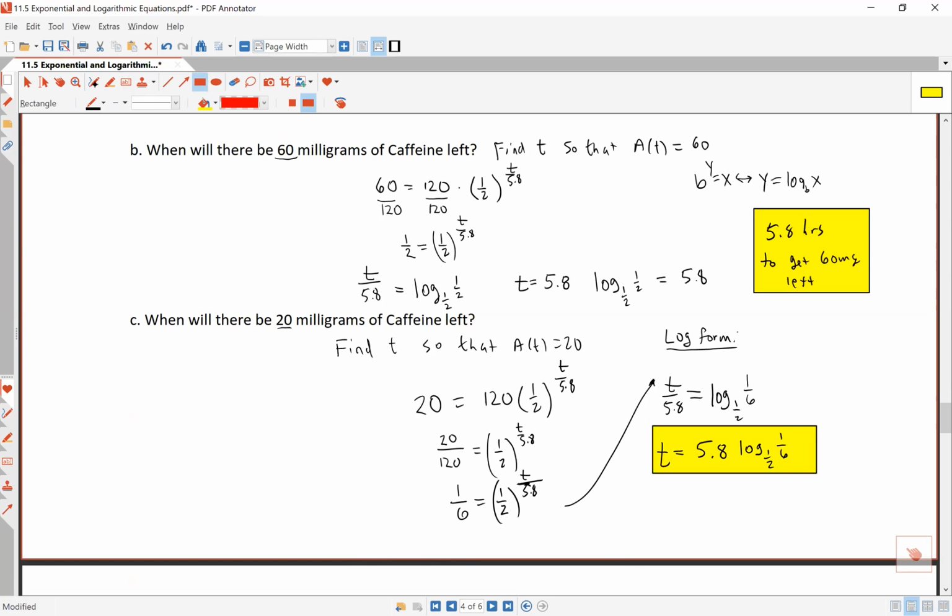But it's also fun to evaluate this answer, and use the change of base to do that. So we use log of 1/6 divided by log of 1/2.